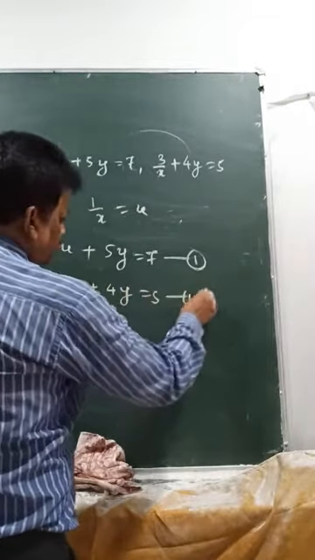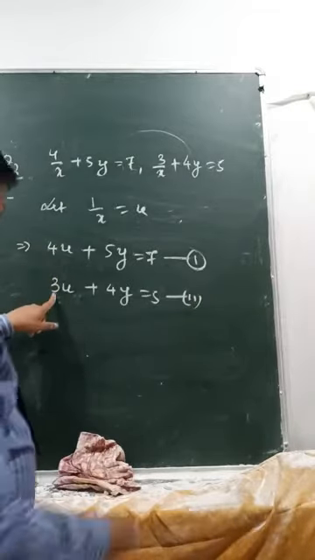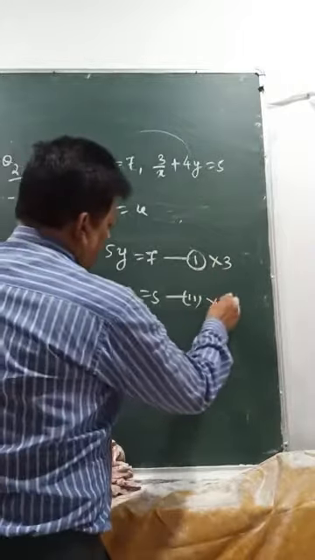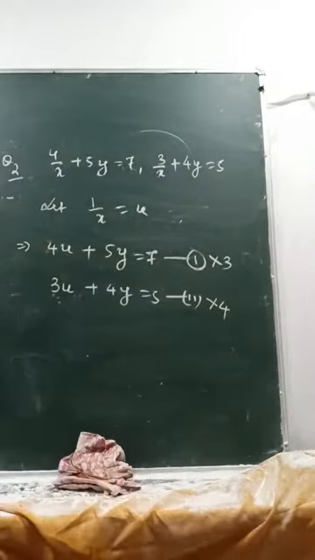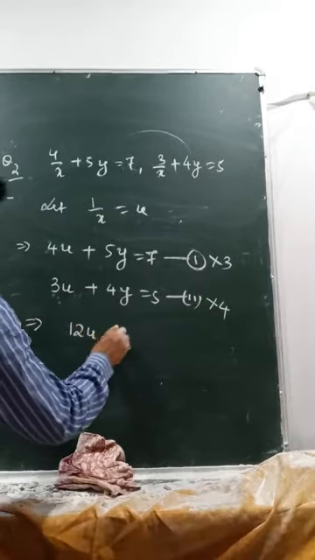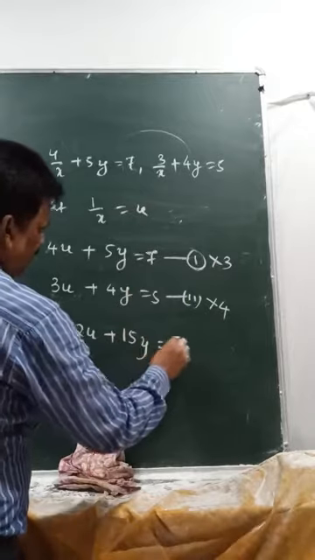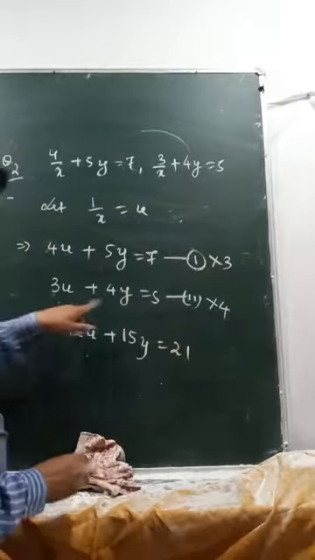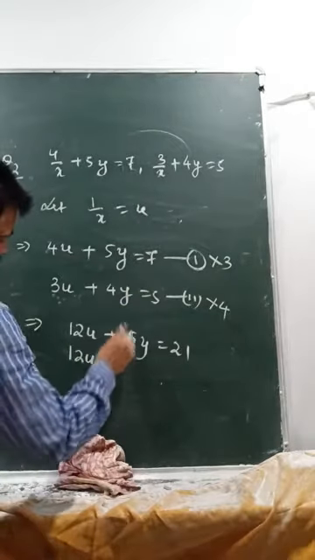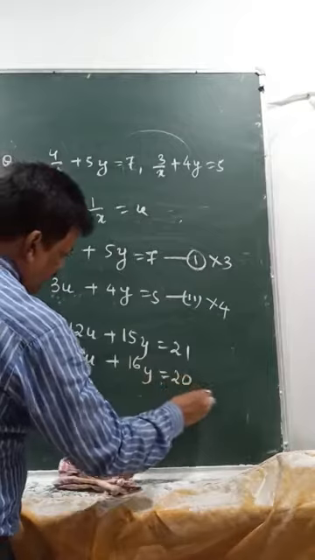Equalize again. Equalize the coefficients. Here you multiply by 3, here you multiply by 4. What do you get? 12u plus 15y equals 21. Again 12u plus 16y equals 20.